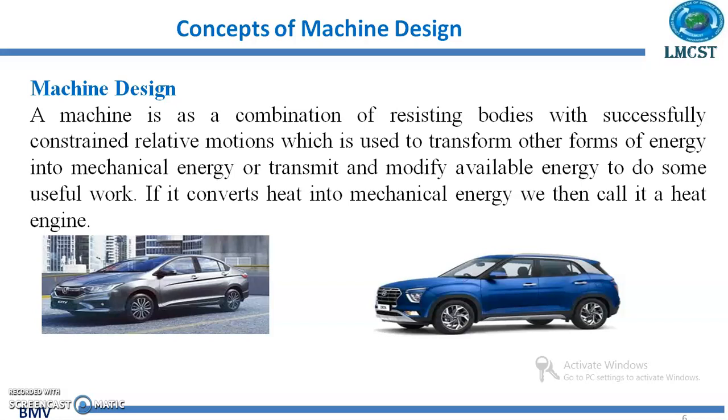Each component has a relative motion with respect to each other. So this is machine design. We are designing all these components required for a particular operation, and we are assembling them together to produce the final output. So that is about machine design.